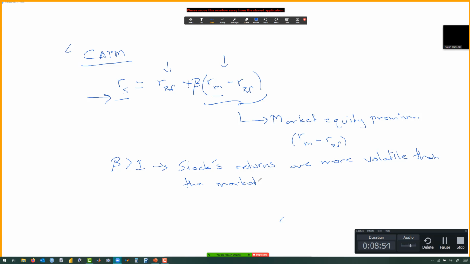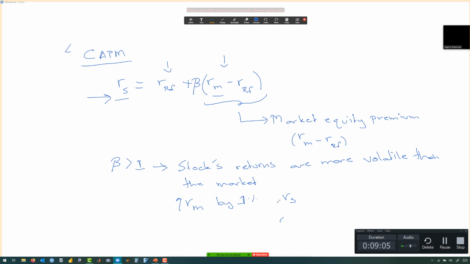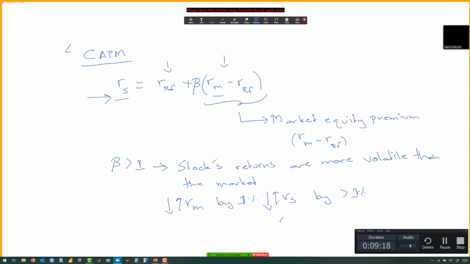Right? So if the market return goes up by 1%, your stock's return will go up by more than 1%. And the same thing goes when it falls. If the market falls by 1%, the stock's return would fall by more than 1%.